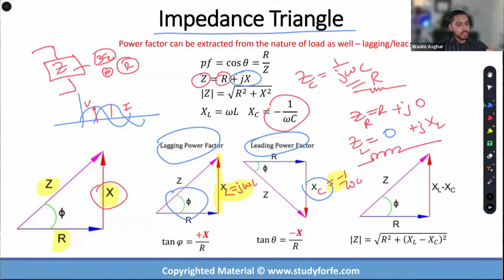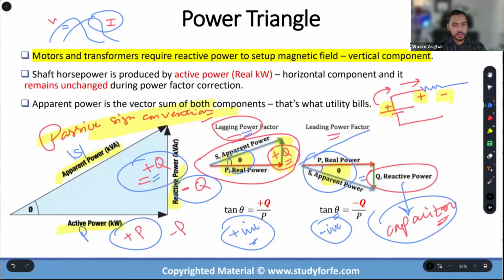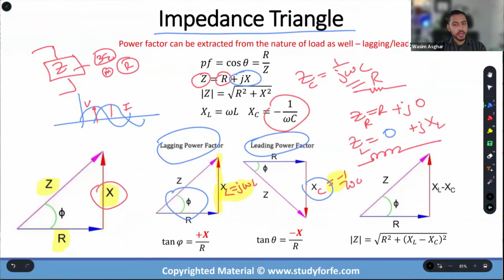And as we saw with the previous scenario with the leading power factor, when you had the reactive power of a capacitor, which was acting as a source, the angle is going to turn negative. Does it make sense? Okay, so that's a negative. So the power factor angle is positive when we have a lagging power factor, and the power factor angle is negative when we have a leading power factor.